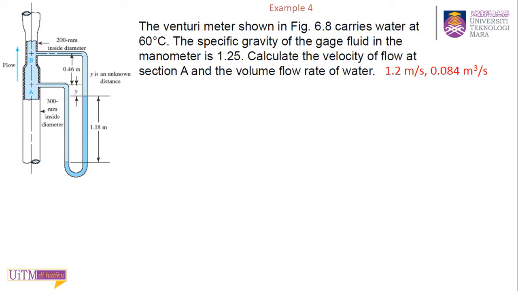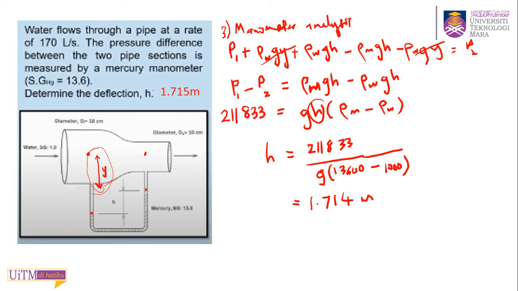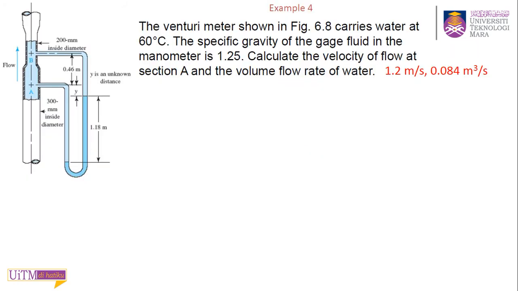So this is again a venturimeter, but it is in vertical condition. Previously it was horizontal, so this is vertical, but it's just the same thing. It says the venturimeter shown in figure 6.8 carries water at 60 degrees.